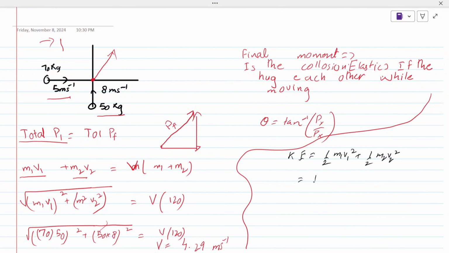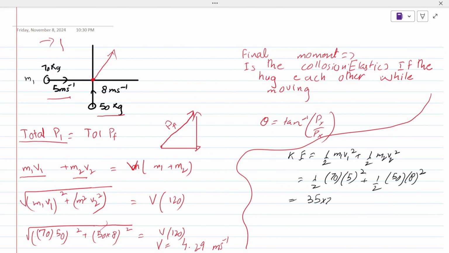So half, what is m1? It is 70. What is v1? It is 5. Plus half m2 v2 square.